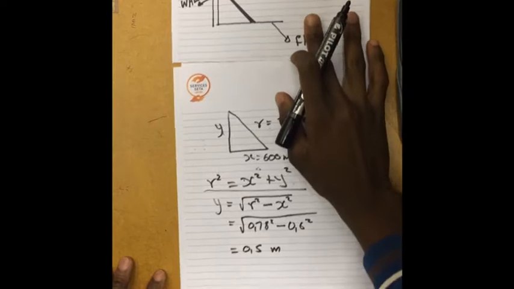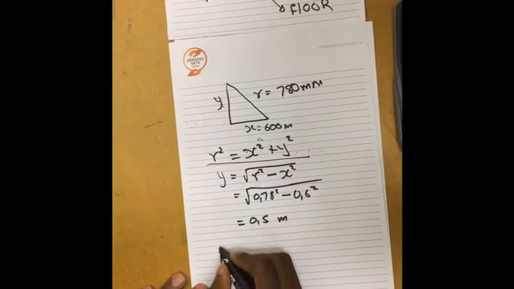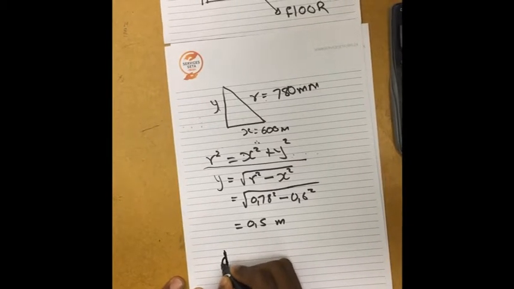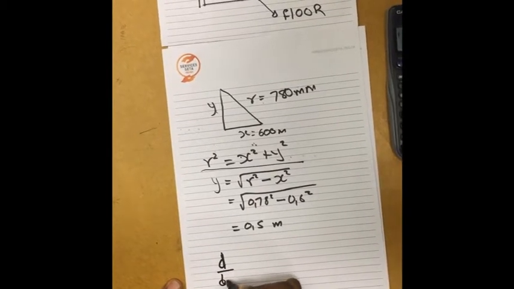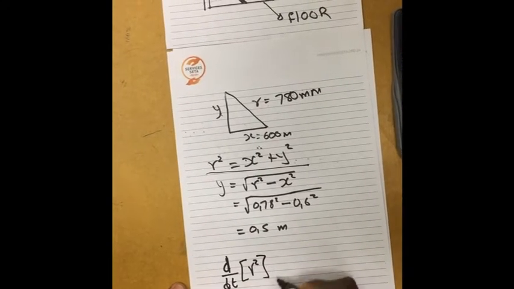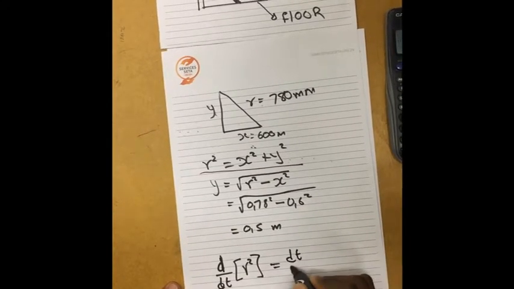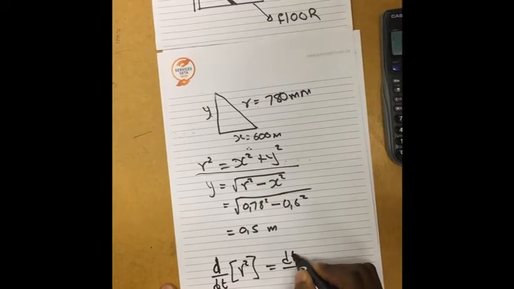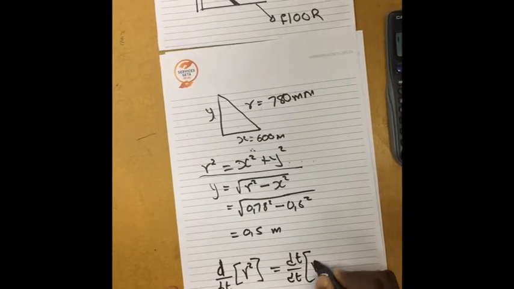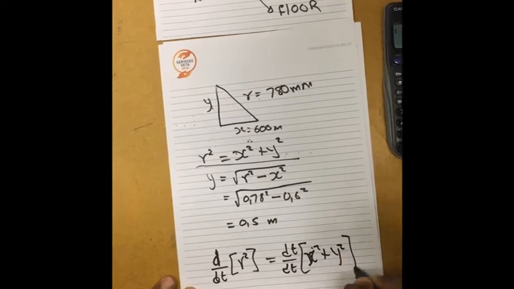Differentiating the theorem of Pythagoras, we're going to have this equation: d over dt of r squared is equal to d over dt of x squared plus y squared.